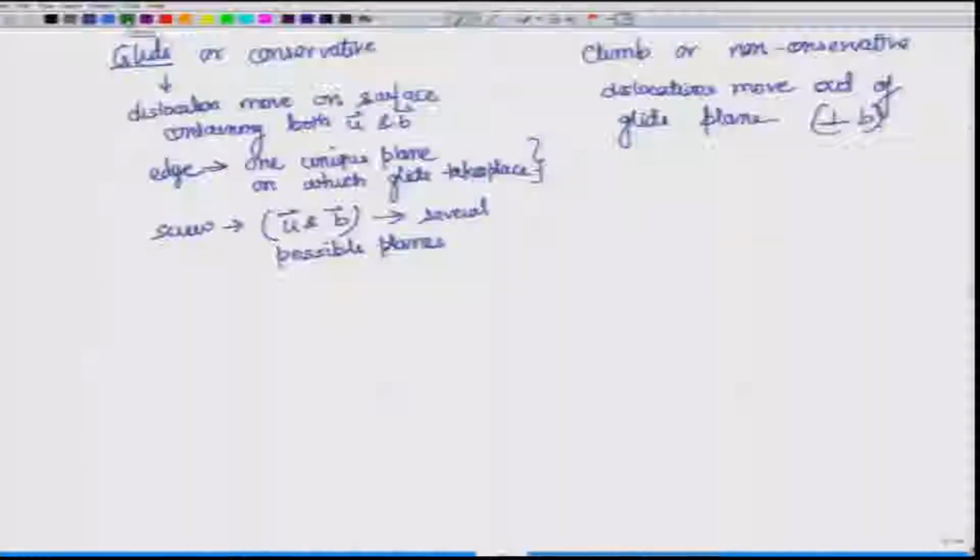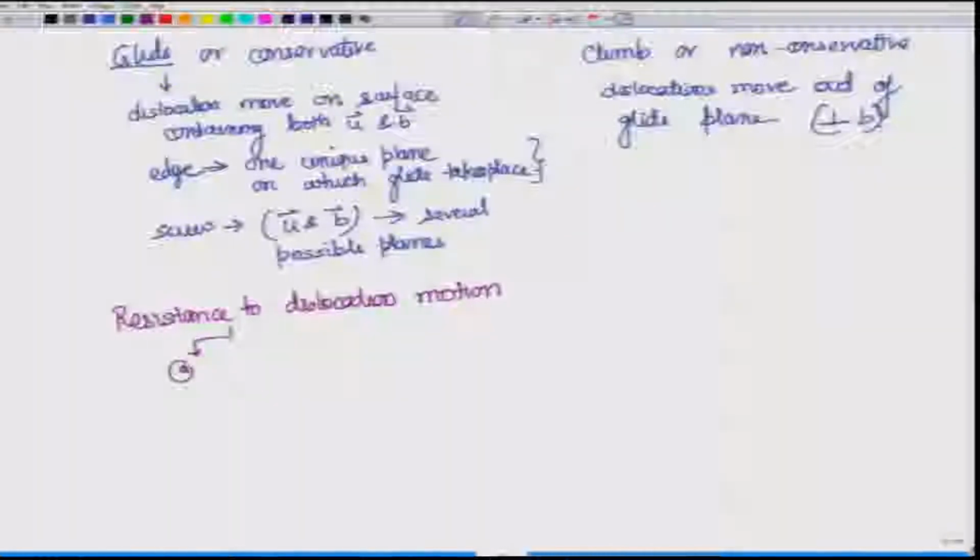So, let us see what exactly we mean by resistance to dislocation movement. We will be talking first with respect to glide and glide of edge dislocation. So, resistance to dislocation motion can be associated with two different aspects.